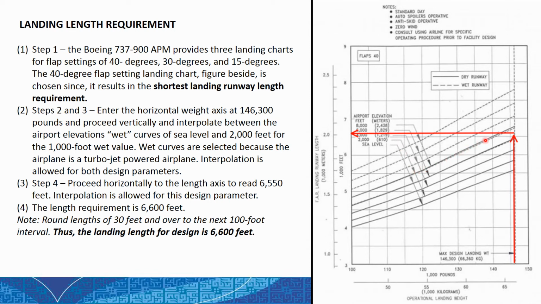So we will use a point between the sea level curve and the 2000 feet elevation curve. If we do interpolation, we will get the point here, because our airport elevation is 1000 feet.